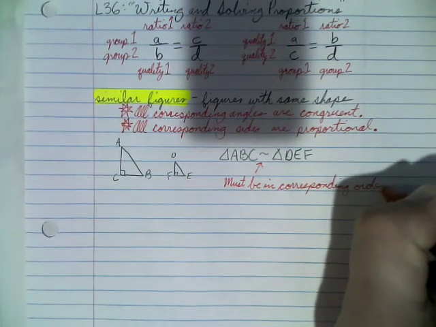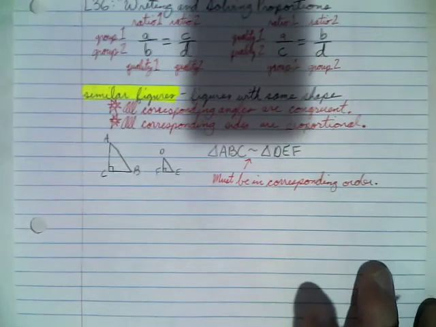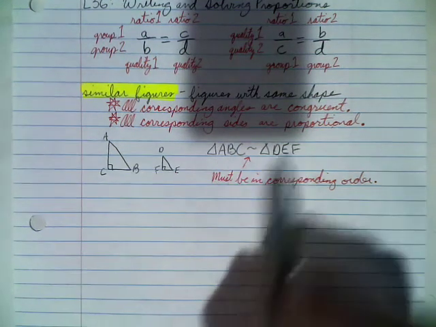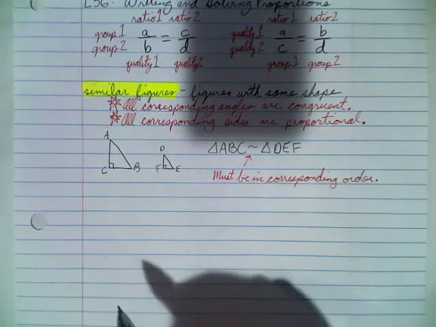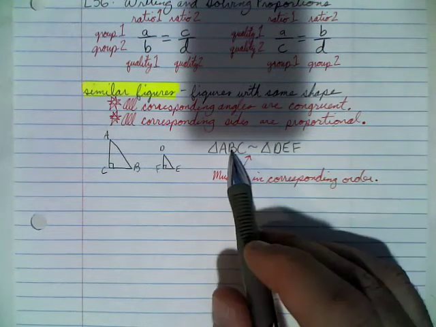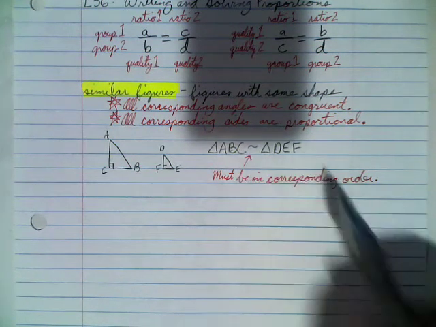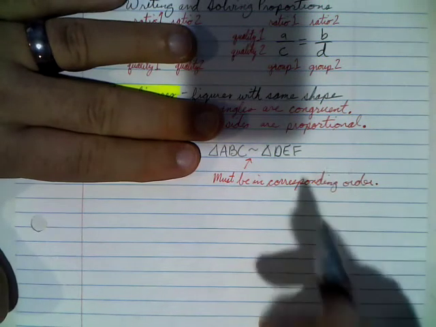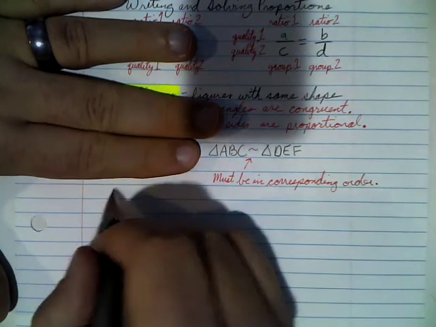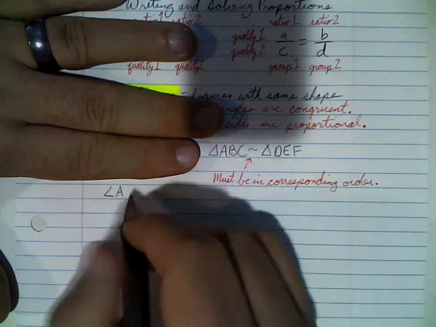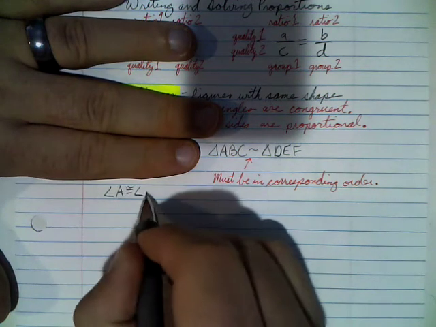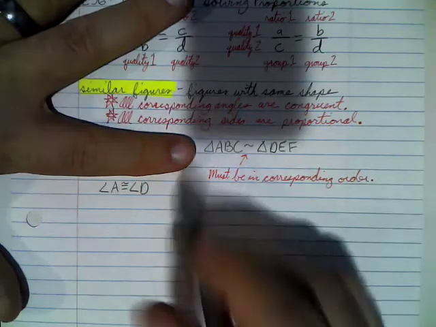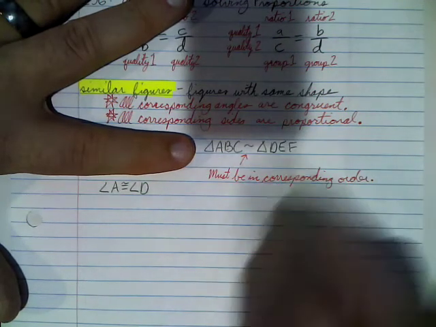And we do this in mathematics to communicate a lot of things very quickly and simply. The moment I see this statement, I instantly know A corresponds to D, B corresponds to E, and C corresponds to F. So without even needing to look at the figures, I can tell you right now that angle A must be congruent to angle D, because A and D are corresponding, and corresponding angles are congruent.